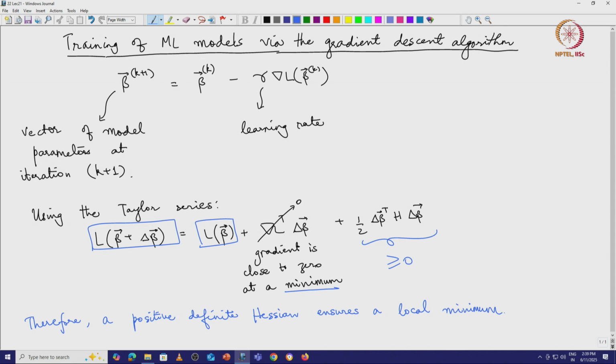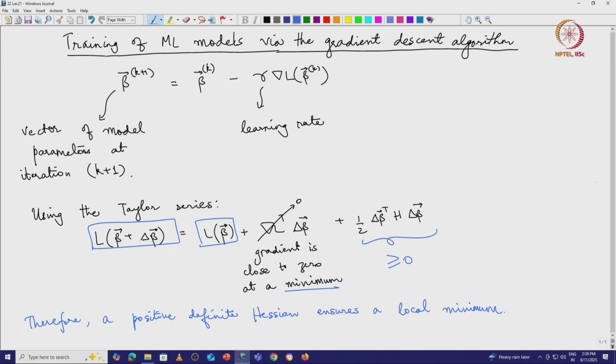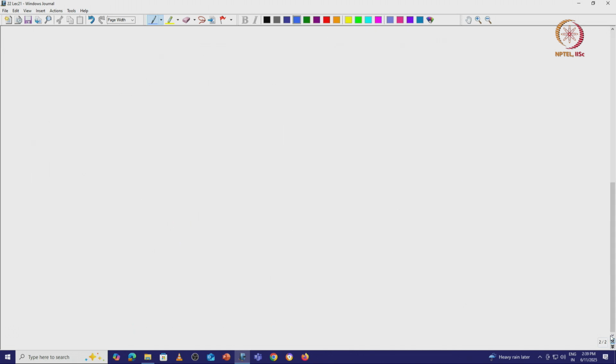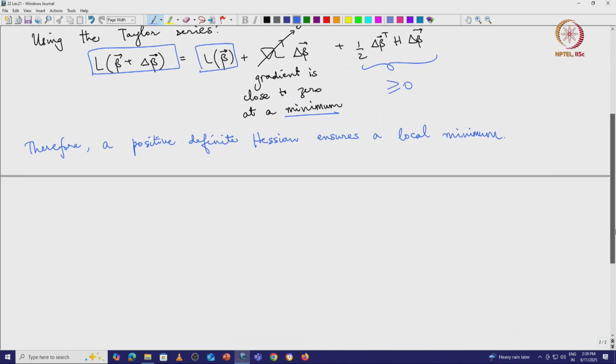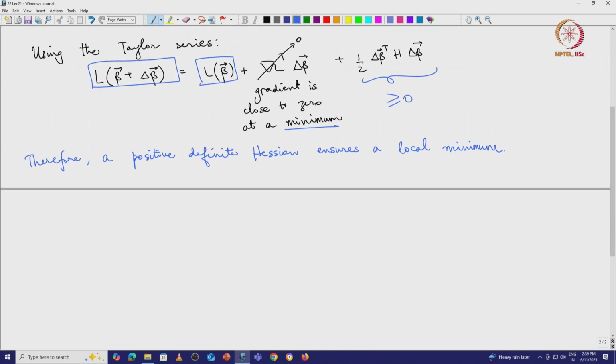Okay, so this is what was going on, and let's now see the link between the positive eigenvalues of H and its positive definite nature. So what do eigenvalues have to do with this?